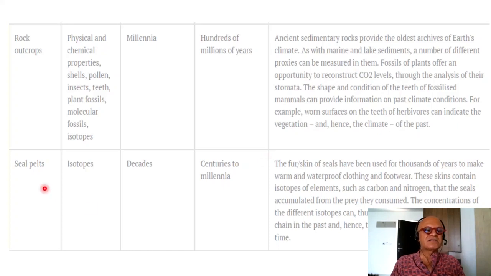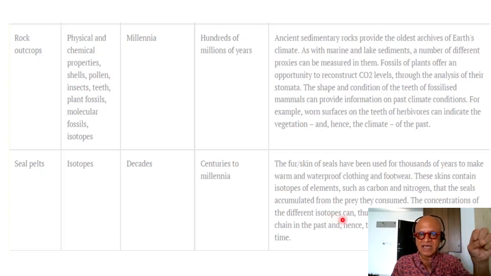Seal pelts. We use isotopes in them for decades, and they record centuries to millennia of information. The fur and skin of seals have been used for thousands of years to make warm and waterproof clothing and footwear. These skins contain isotopes of elements such as carbon and nitrogen that seals accumulated from the prey they consumed.